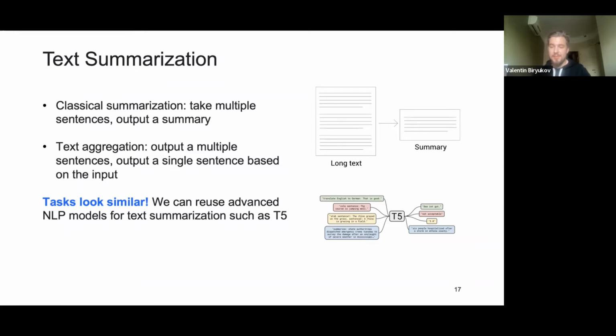In this case, we may use something like a transformer model, and even speak about T5 models, the most common model for text aggregation, and use the several sentences like one huge text. It's not actually huge, but it's something like an abstract that we want to summarize into just one sentence.